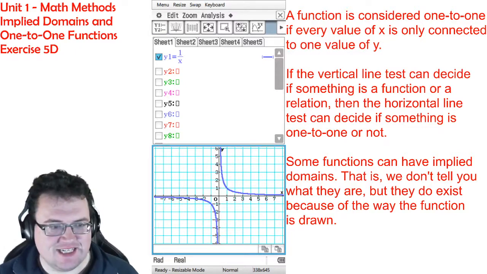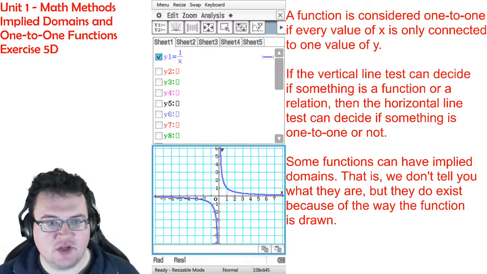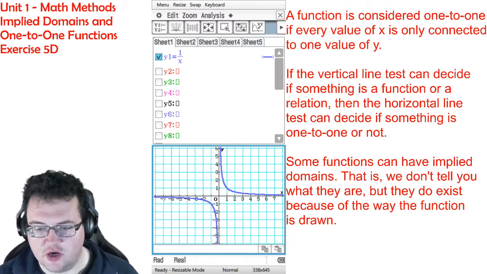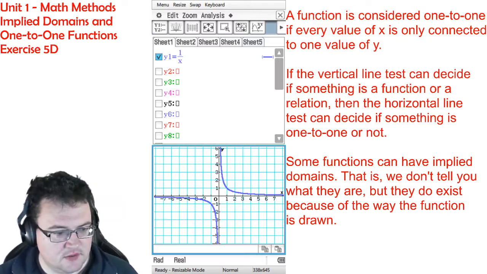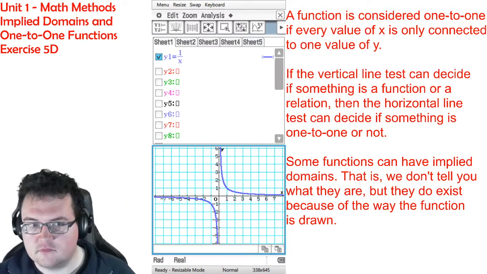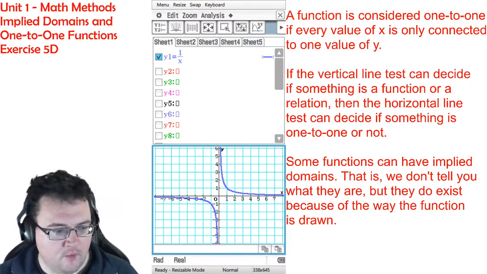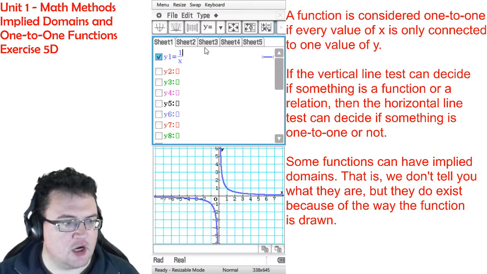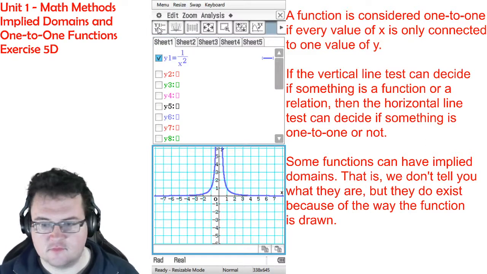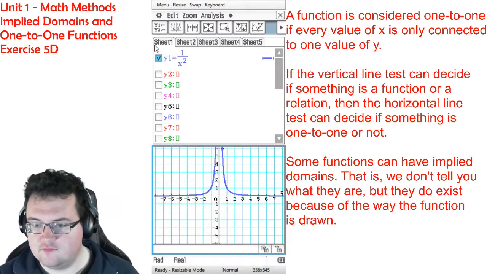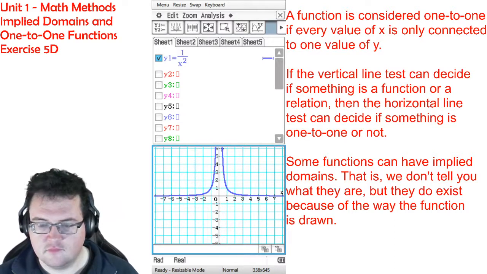Well, that's the question. Is it one-to-one? Because if you draw a horizontal line across it, what happens? Yeah, it crosses once. But what if I were to change the graph to a truncus? Is that one-to-one? No, it crosses twice.